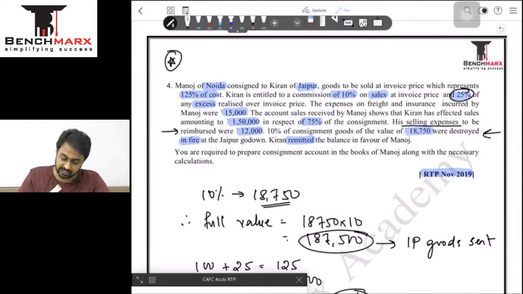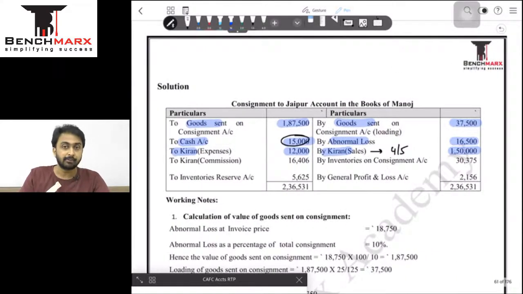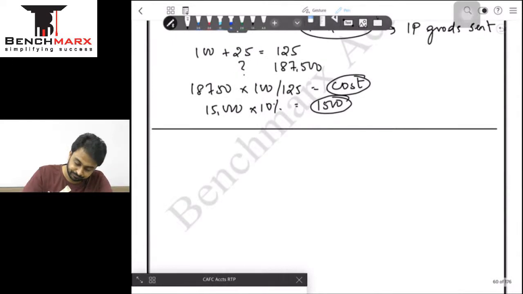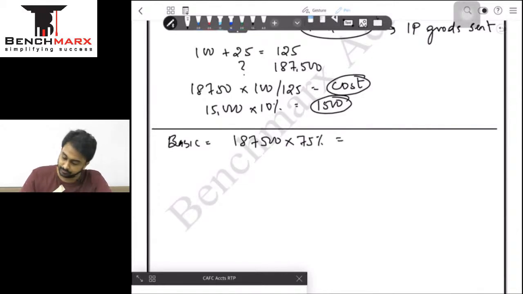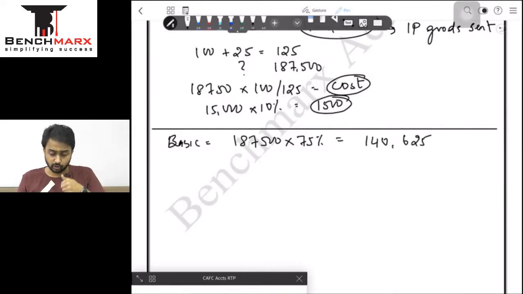The full value of consignment is 187,500, and we have sold 75% of this. So the basic commission is going to be 75% of 187,500. 187,500 into 75% appears to be 140,625. This is the invoice price of the goods sold.